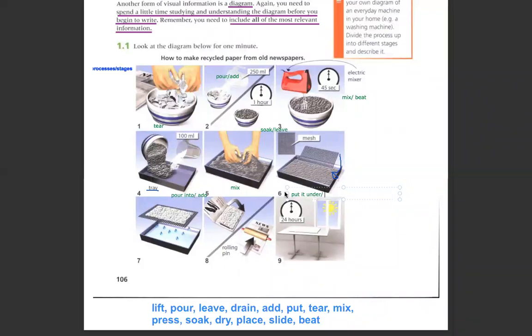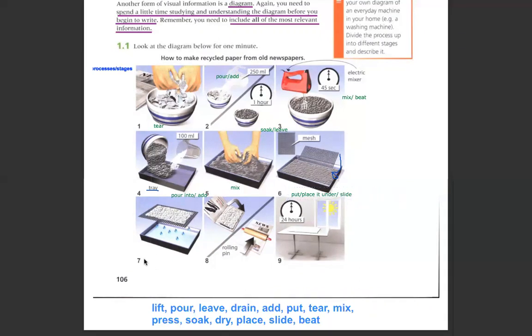Insert is fine as well, but have a look at the words at the bottom. What else could I use? Put or place it under, but there's one more word that I want you to find. Something that means that it goes under something else. We could use the verb slide.